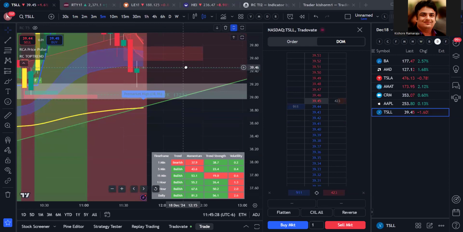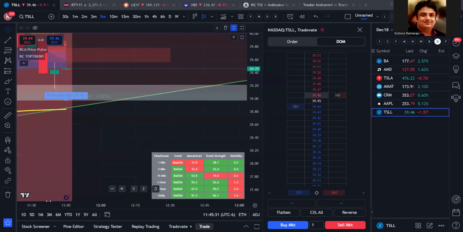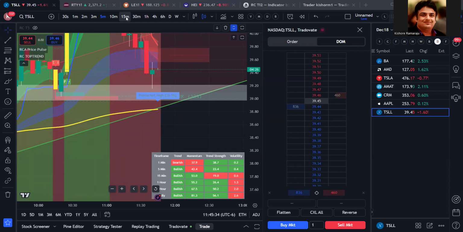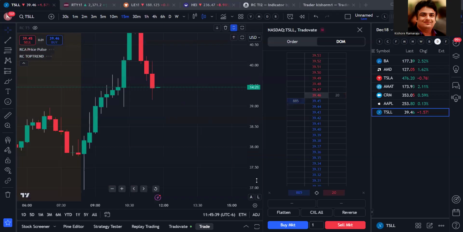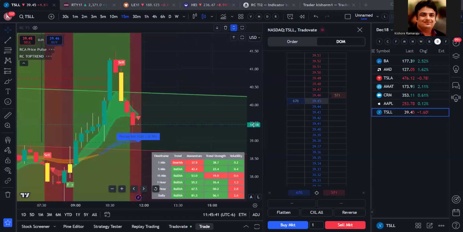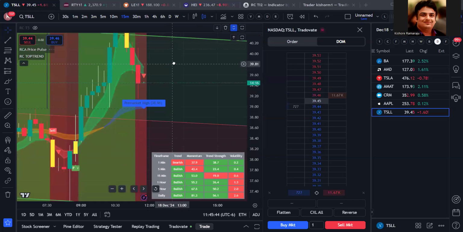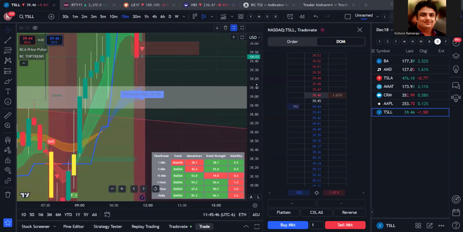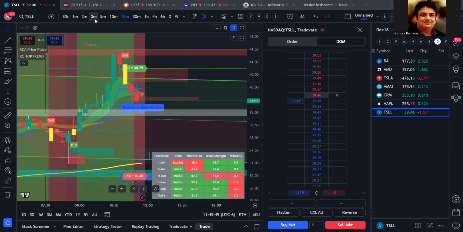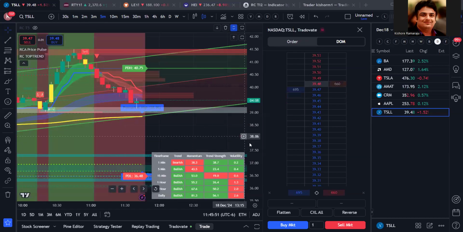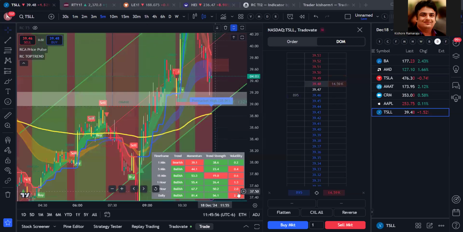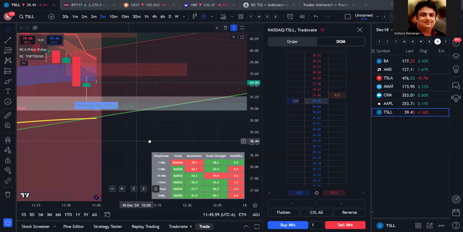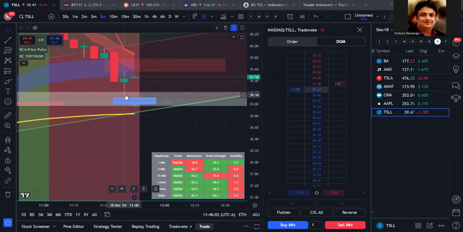There are nearly, as I said, nearly some 192. So the price came here, trying to bounce up.